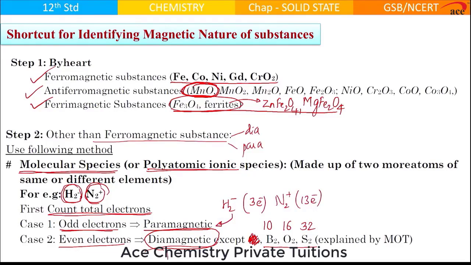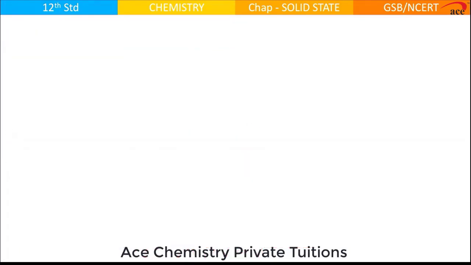But if the total number of electrons is even, like H2O which is 10, then it is diamagnetic. Carbon monoxide is made up of 6 plus 8, 14 electrons, so it is diamagnetic because the total number of electrons is even, and for an even number of electrons to be paramagnetic, there are only examples explained by molecular orbital theory, B2 and O2.